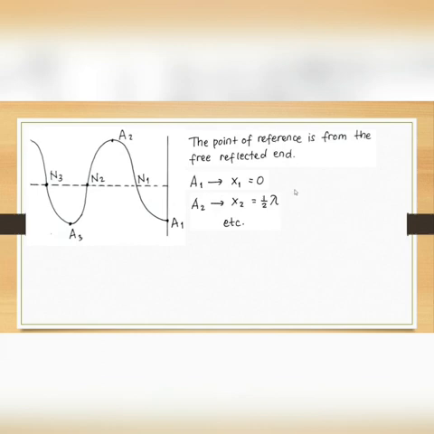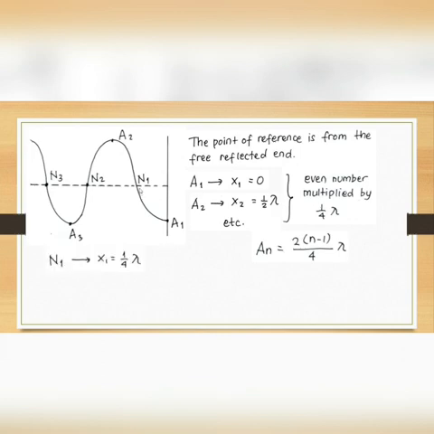We can generalize that this is an even number multiplied by 1/4 lambda. So we can formulate the nth antinode, or Pn in your book, as 2 times n minus 1 over 4 lambda. What about the nodes?